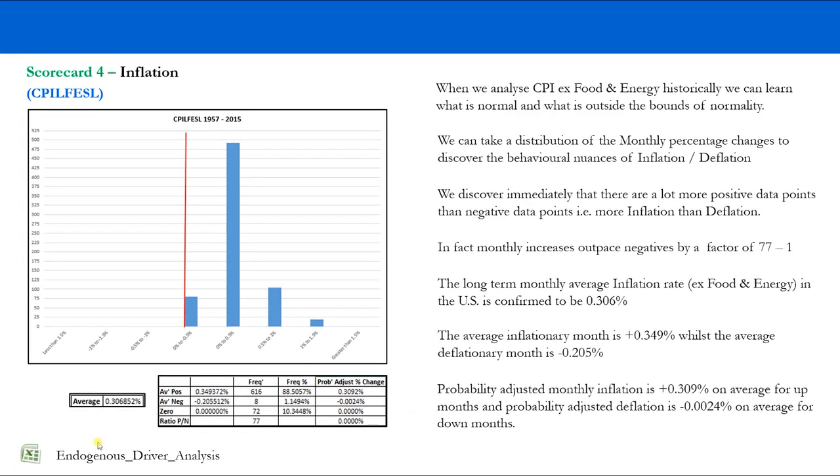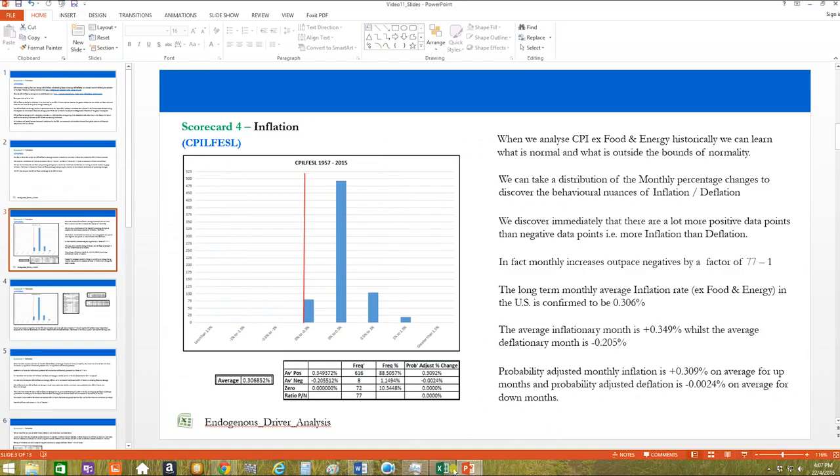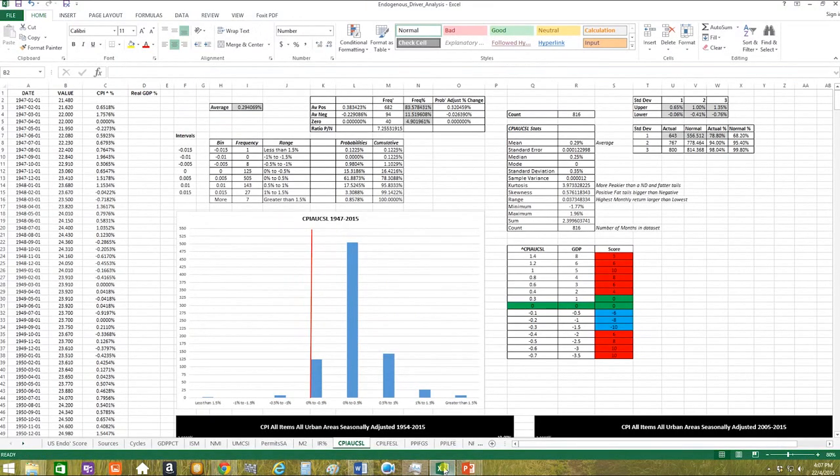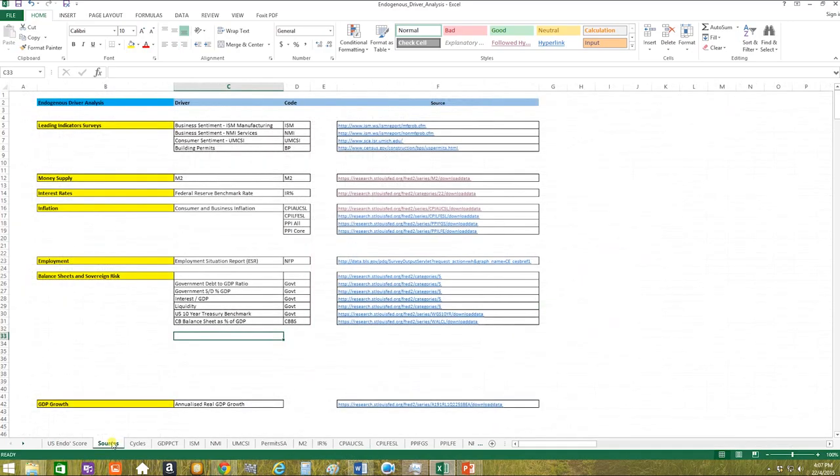So if we head over to the spreadsheet, endogenous driver analysis, we can start looking at the CPI ex food and energy. We want to come out of the tab here for the CPI that includes food and energy. First, we'll have a look at our sources tab.